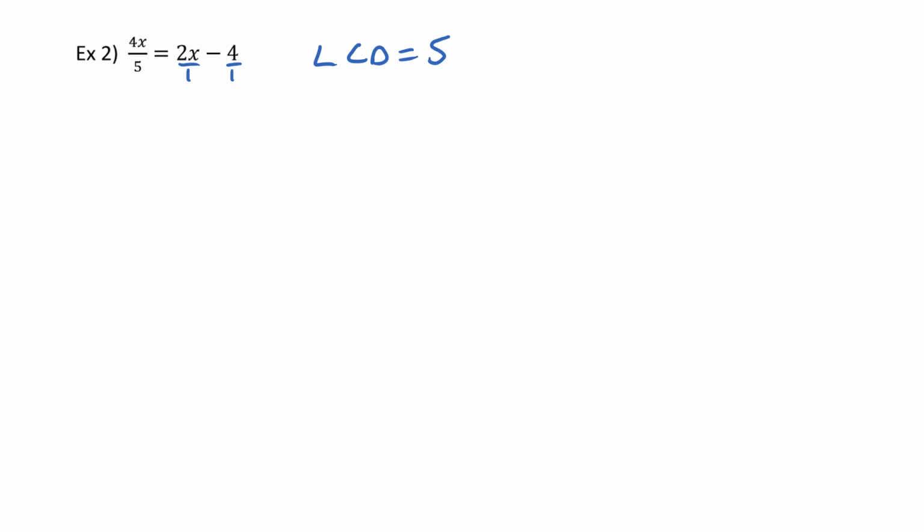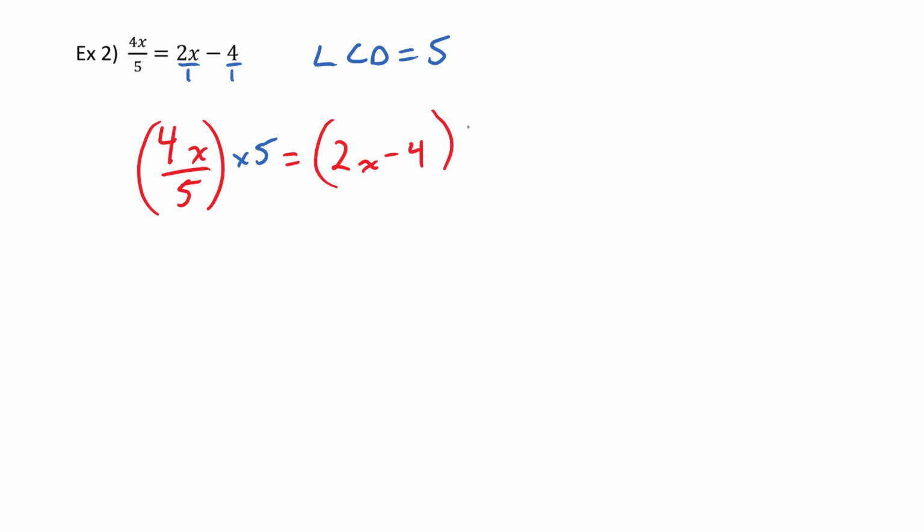So what I'm going to do is I'm going to take my equation. I'm going to multiply both sides by 5. Very important we put brackets around the original equation, because that 5 has to be multiplied by every term in there. Let's combine these together.